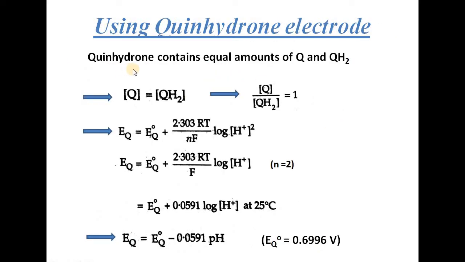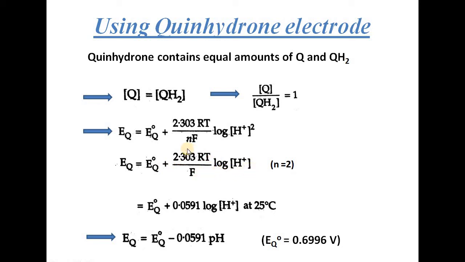Now as the quinhydron contains equal amounts of Q and QH2, we can write that the concentration of Q divided by the concentration of QH2 is equal to 1. So putting this value, we get the resultant expression for the EMF of the cell. Now the electrode potential of this half cell is equal to the standard electrode potential plus 2.303 RT by F log H+.